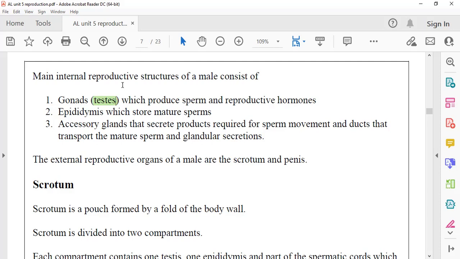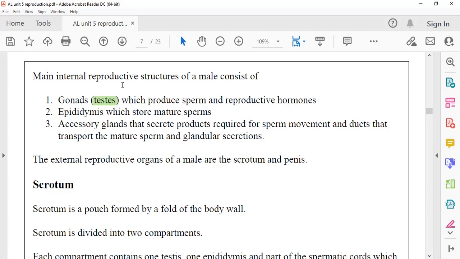So, what are the gonads in the male reproductive system? Testes. What are the accessory glands? Seminal vesicle, bulbourethral gland, prostate gland. What are the ducts?